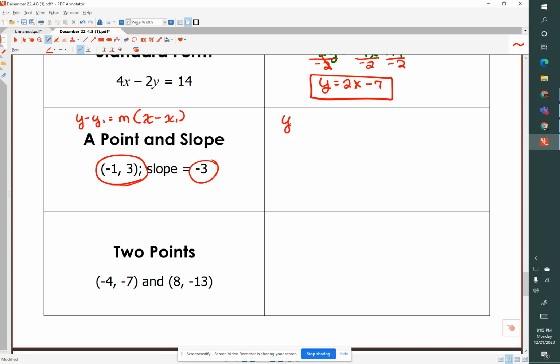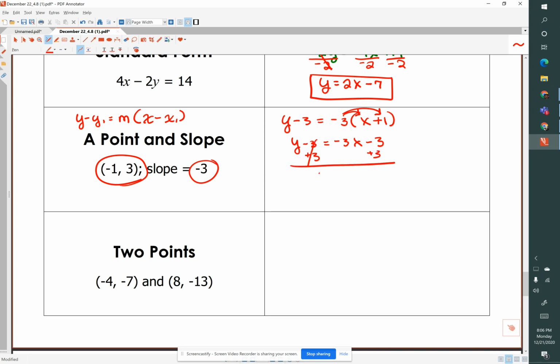So we just substitute: y minus 3 equals -3 times the quantity of x minus -1, which is the same as +1. Then we distribute. Y minus 3 equals -3x minus 3. And then we add 3 to both sides.